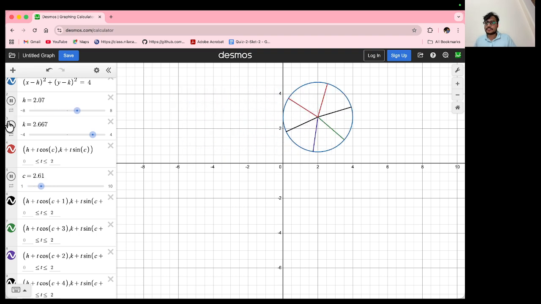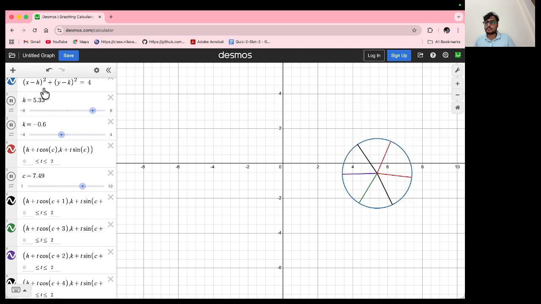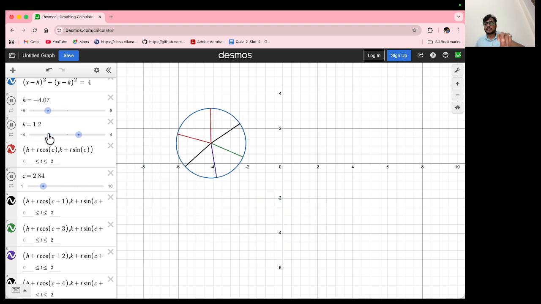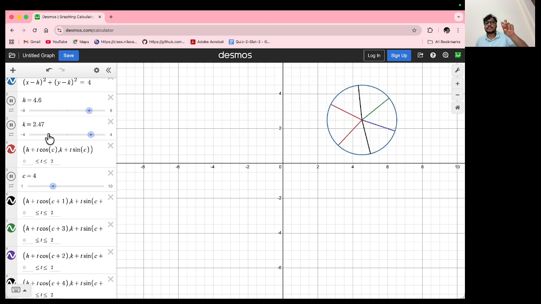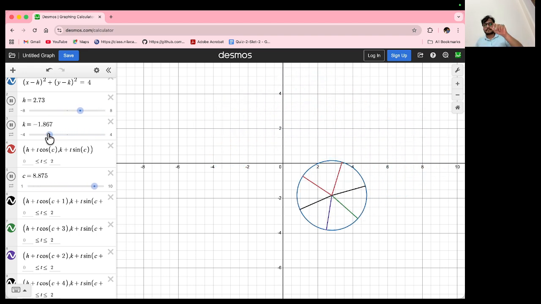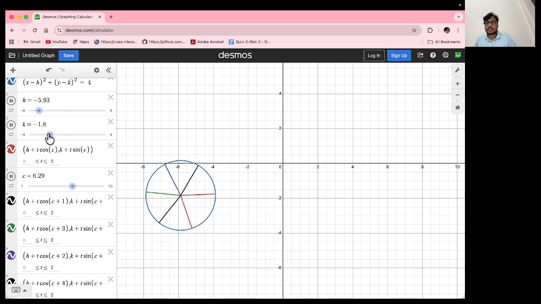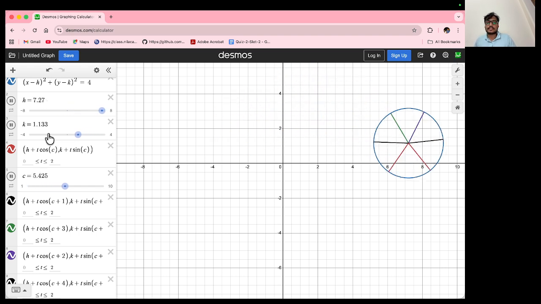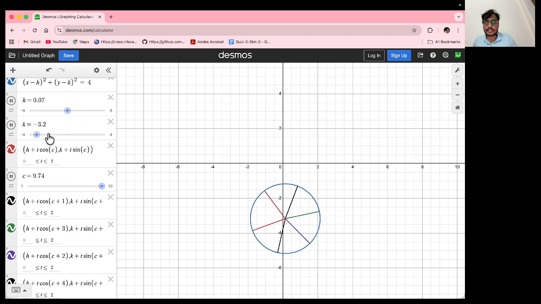If I open both of these sliders, then it will look like some sort of particle rotating plus moving. This kind of thing is very simple and easy to understand and visualize.